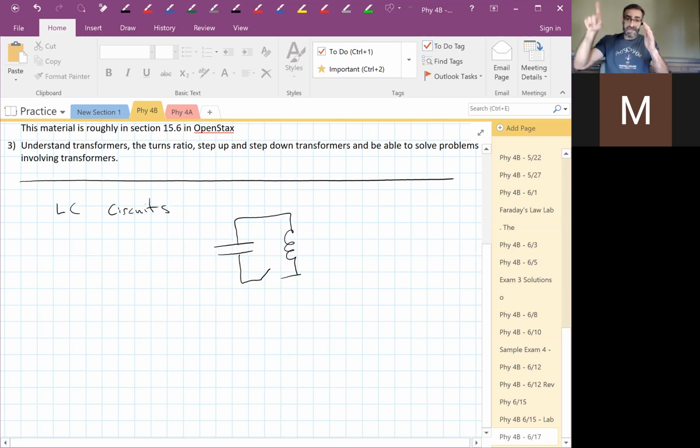The capacitor discharges through the inductor. At some point, the capacitor has zero energy, zero charge stored on it, and the current in the circuit hits its maximum value at that point, and the inductor has maximum energy stored. And then it goes back to the capacitor, but it's charged in the opposite orientation. So the energy just oscillates back and forth, just like a pendulum or a mass on a spring going back and forth. The potential energy, kinetic energy, potential energy, kinetic energy with a mass on a spring or a pendulum. Here it's electrical energy, magnetic energy, electrical energy, magnetic energy.